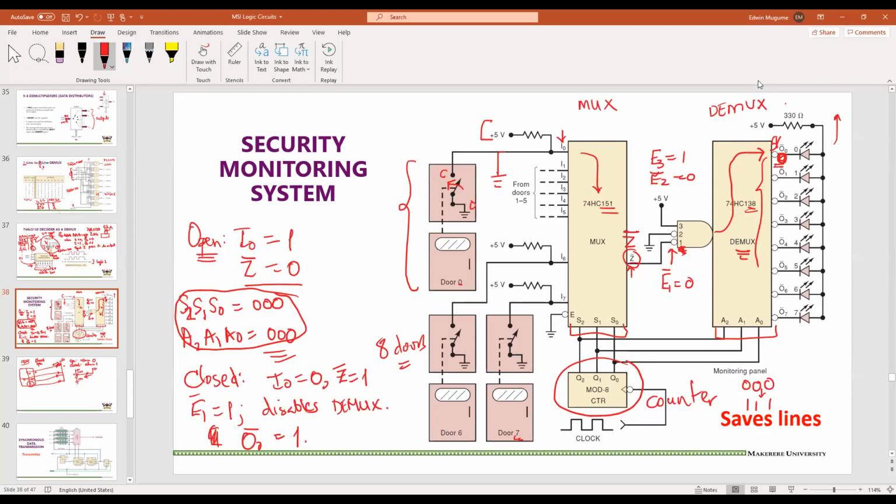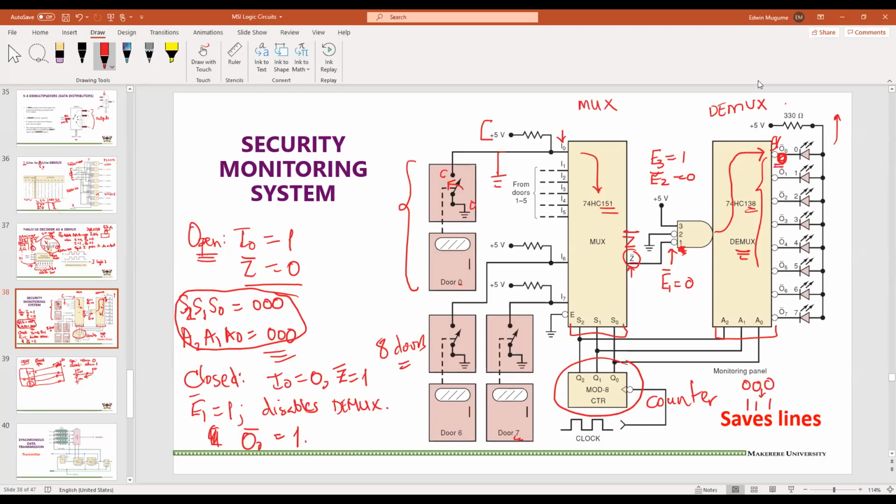So depending on the status of the door, if it is open, you're going to have the LED lighting up. If it is closed, the LED will not light up. Now, if you are at a panel, you will see the LED for a certain door lighting up, and that will tell you that that door is open.